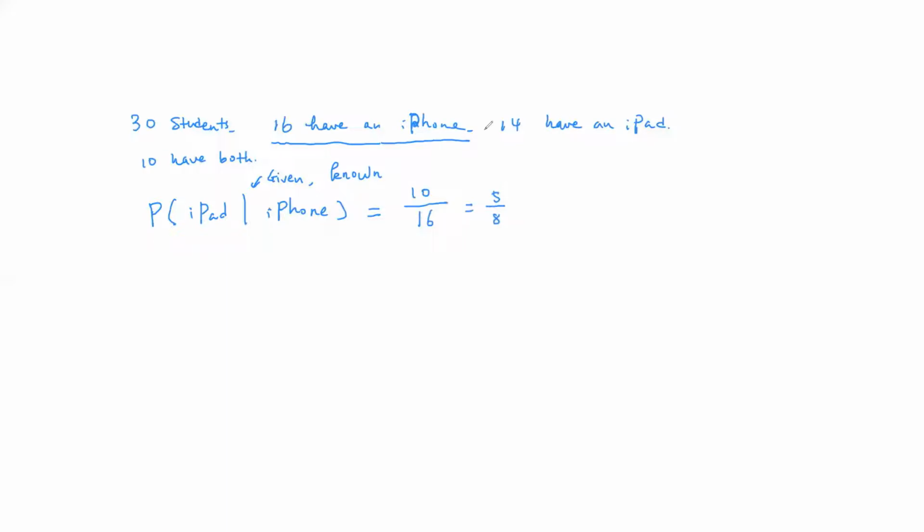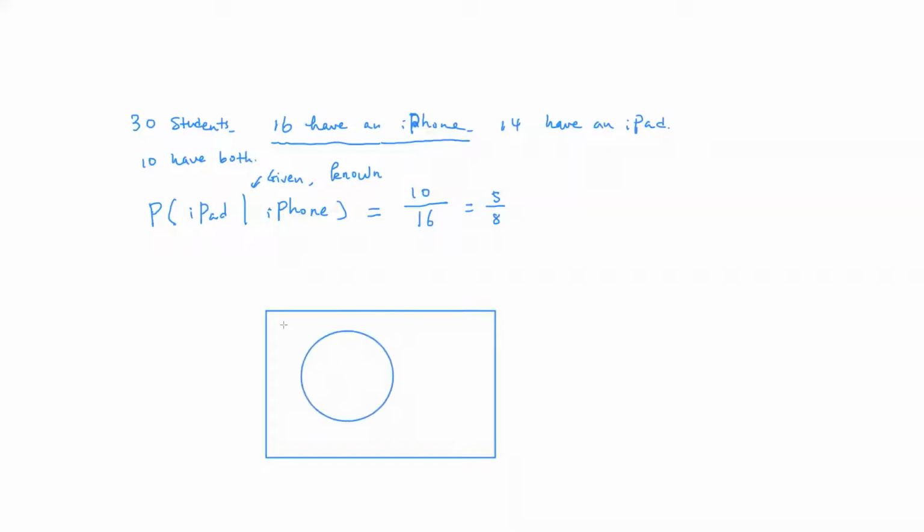Now let's draw a Venn diagram. That's about 30 students, the sample space, and you have iPhone, iPad. Let's call this the total sample space, and iPad, that's D, iPhone, that's E. Both, 10 have both.